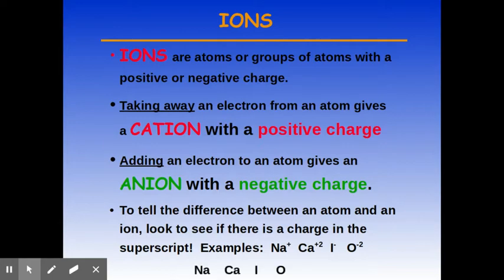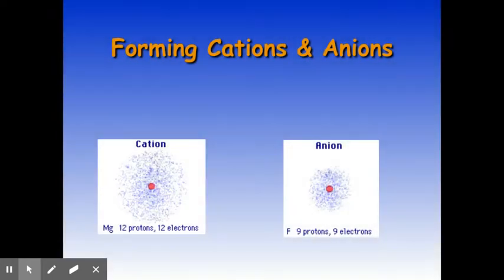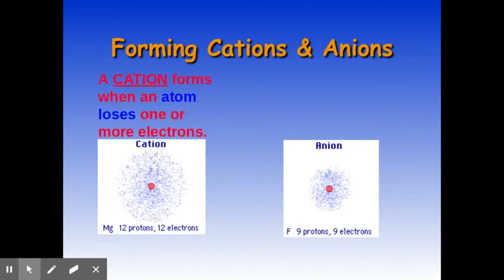All right. Hopefully we've got that in your heads now. So, forming cations, how does it happen? Here's an example with a magnesium cation and an anion. The cation forms when an atom loses one or more electrons.